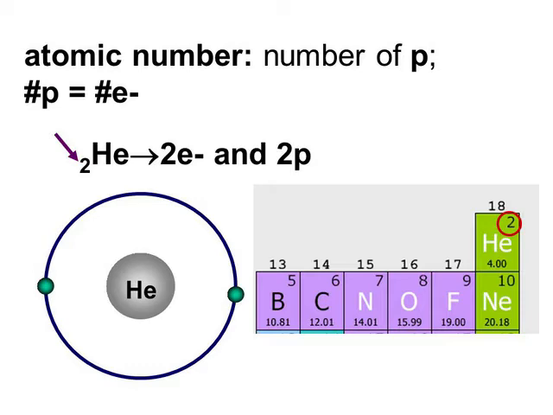So a helium element will always have 2 protons. If for whatever reason it has 3, it's no longer helium, it's a lithium element. So this is how you can identify different elements, because they will always have 6 protons if it's a carbon, or 7 protons if it's a nitrogen. That number will never change. Okay.